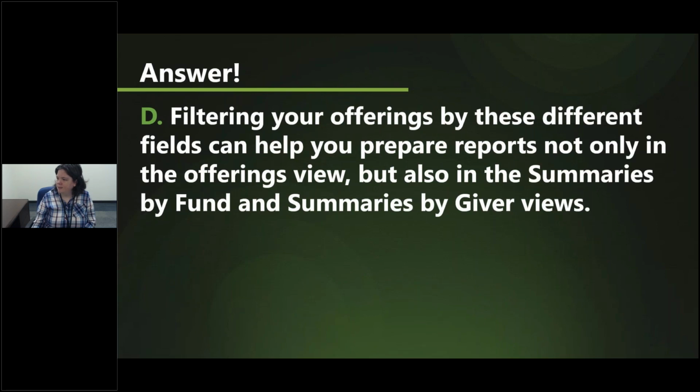All right, so that answer is D, all of the above. You can filter your offerings and make that view just however you need it to be. And then you can also download and print directly from that screen as well, so you can make a mini report out of it.